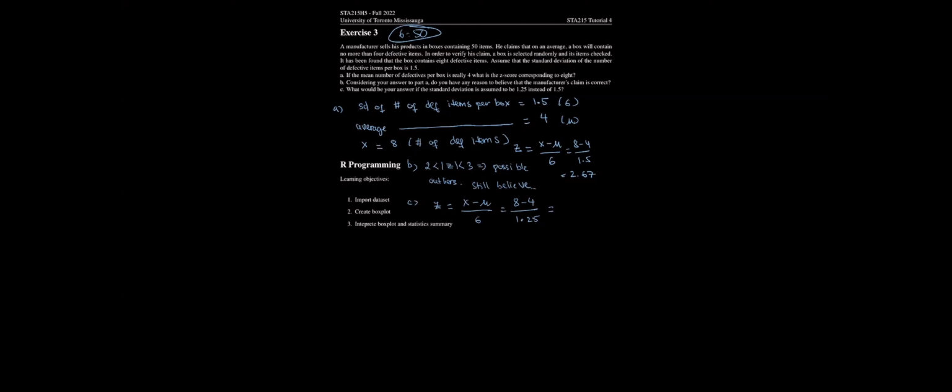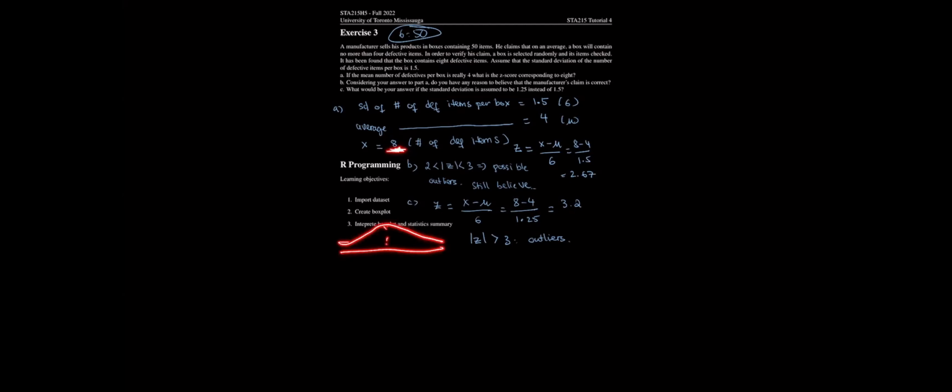Anyone have a calculator? 3.2, yes. And we also talked that if the absolute value of z is greater than 3, then it is an outlier.